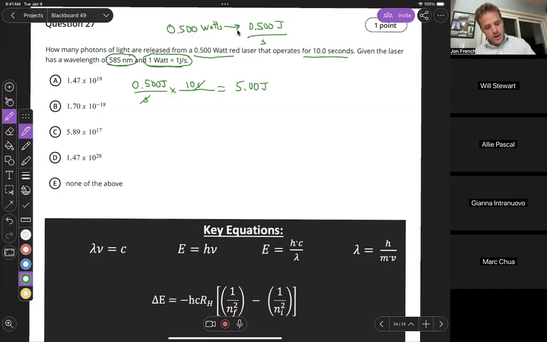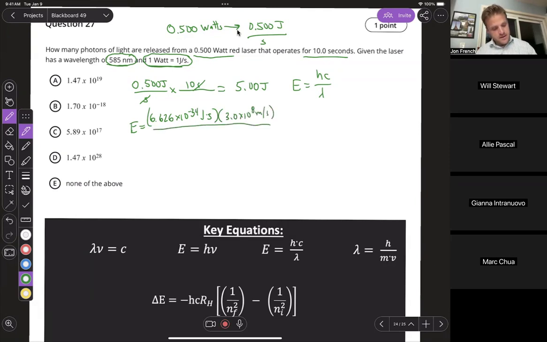So we want to use energy equals Planck's constant times speed of light over my wavelength. So energy equals 6.626 times 10 to the minus 34 joules times seconds, times the speed of light, 3 times 10 to the 8th meters per second, all over my wavelength, right? My wavelength, 585 nanometers.